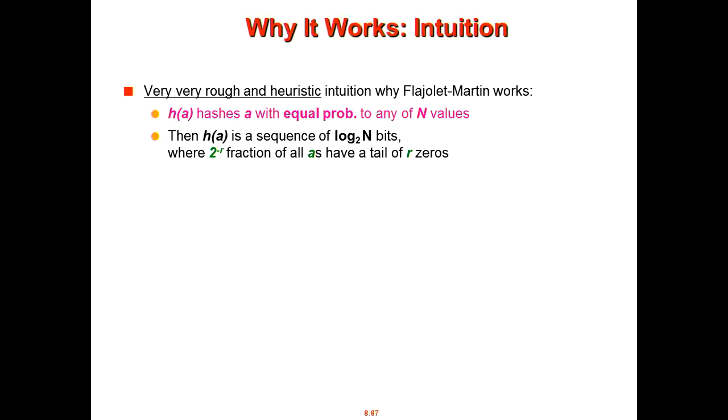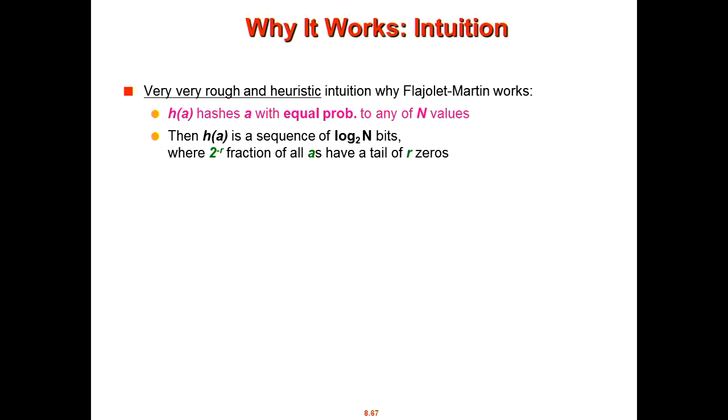Then about 25% have 2 tailing zeros, which means the hash value can be divided by 4. So 1/4 of the elements have a tail of 2 zeros. Similarly, about 1/8 of all elements have hash values with a tail of 3 zeros, because the hash value can be divided by 8. So it has 3 tailing zeros.